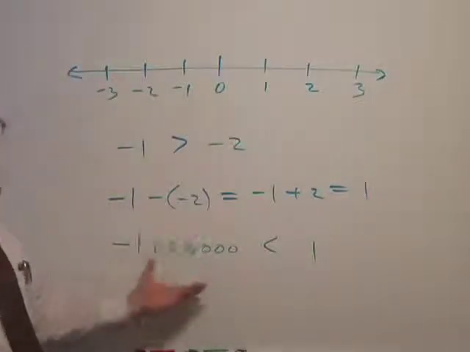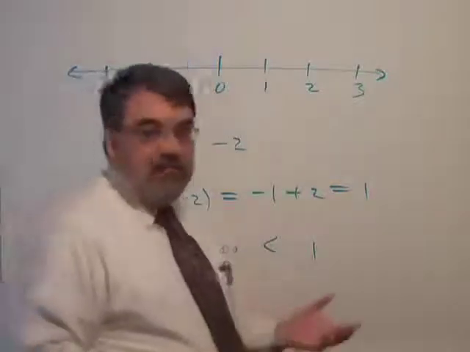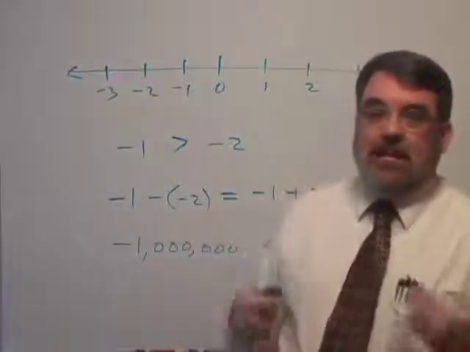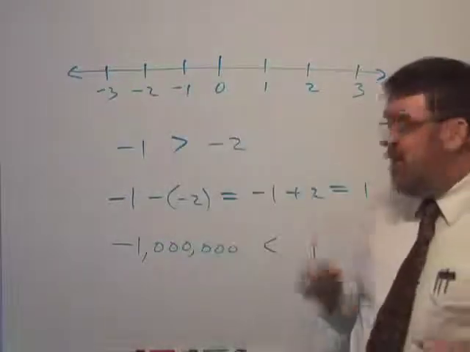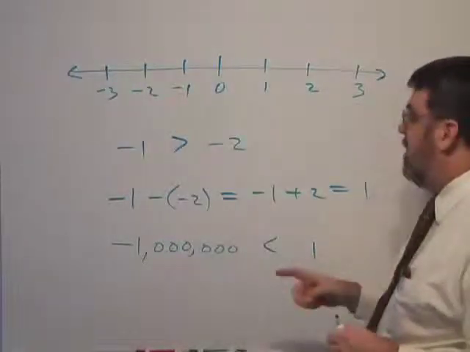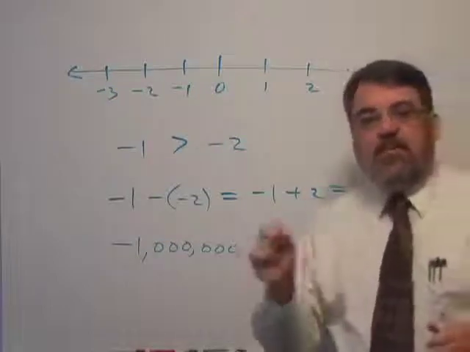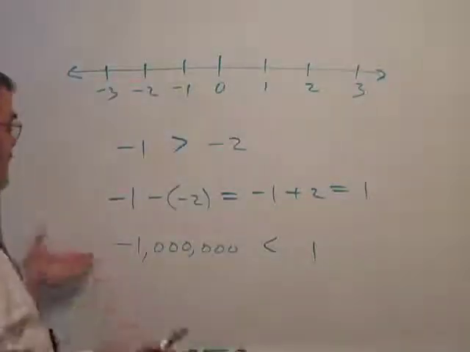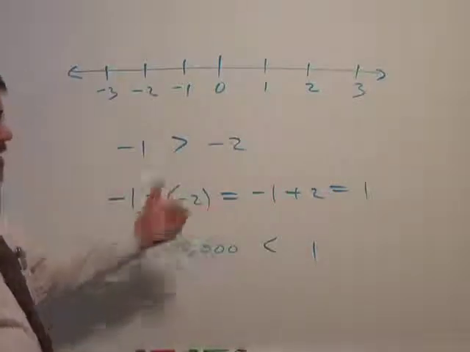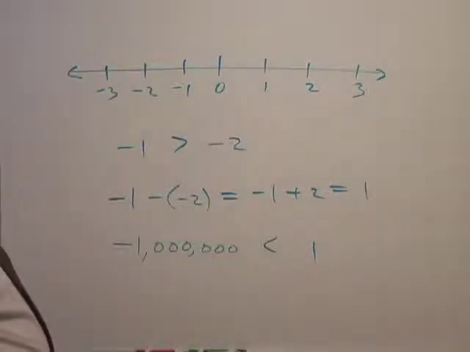It's a very large number. But it is less than, and when you talk about less than, we're talking about position on the number line. So even though it's a very large number, it's less than 1 because of the position. Otherwise, it would obviously seem like this ought to be bigger than that number.